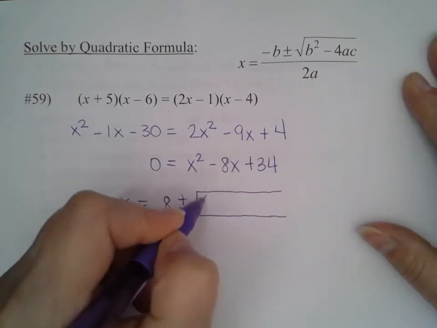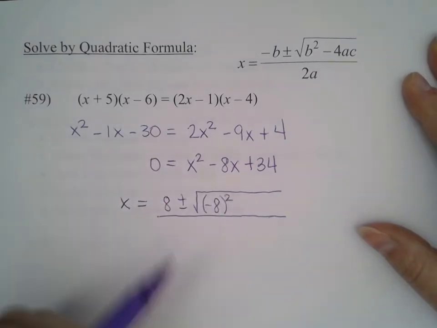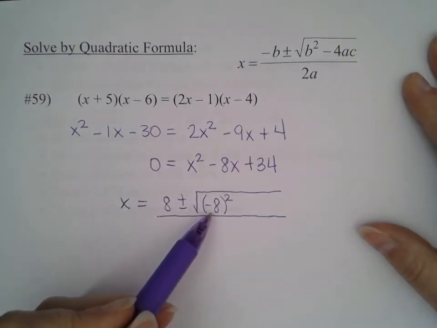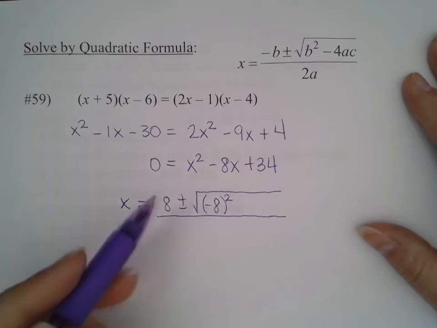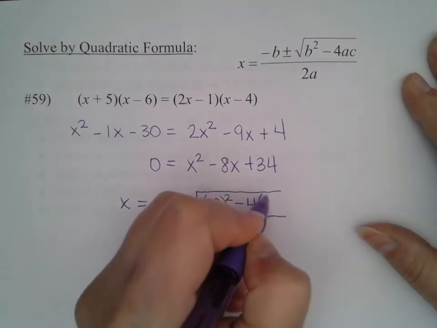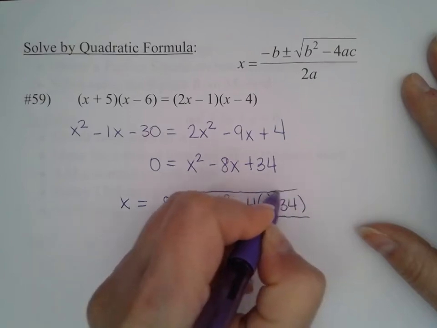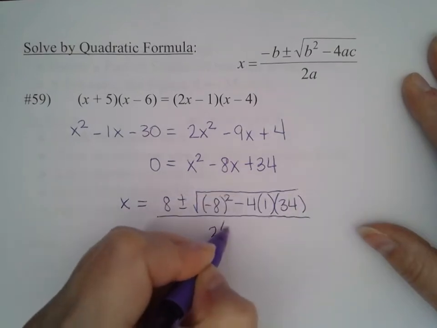I always recommend that you put the b in parentheses so that you don't forget that when you square it, it becomes positive. I would say, just because I've graded a lot of papers, that's the number one mistake. Minus 4 times a, which is 1, times c, which is 34, all over 2 times a.